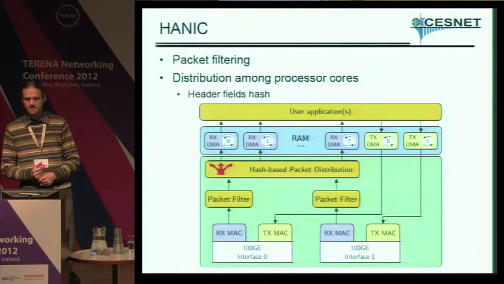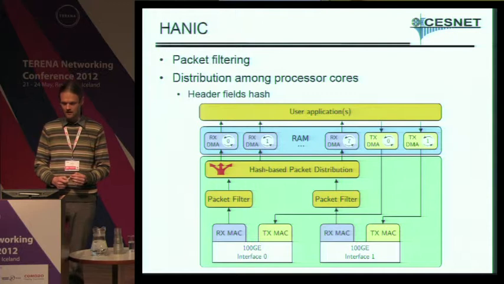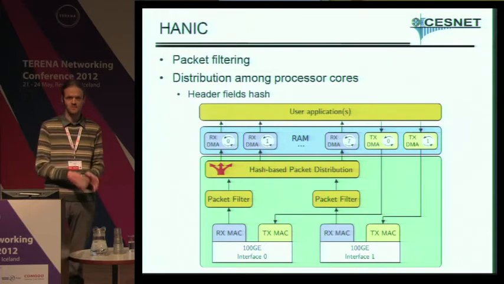Why we do that is because we want to make use of multiple cores or multiple processors in the PC to be able to cope with this amount of traffic. The hash-based distribution ensures that the packets belonging to one flow will always be sent to the same DMA queue.